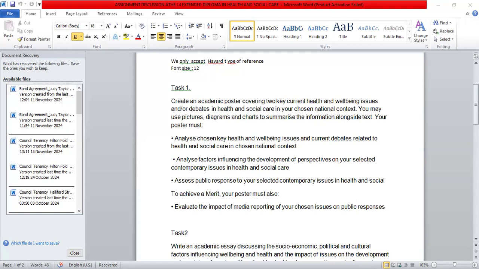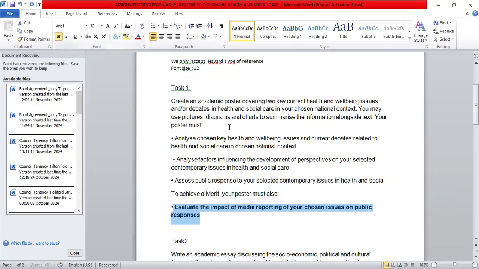These are things you have to explore to be able to get a merit mark. So evaluate the impact of the media issues on public responses.